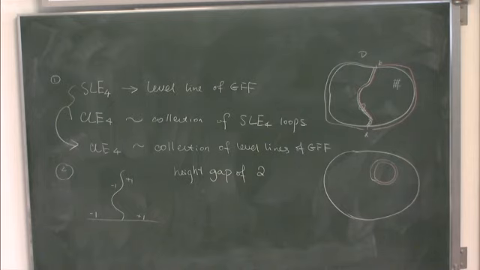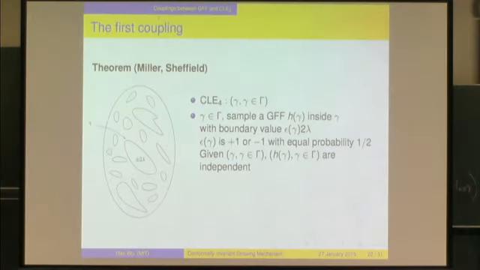And now we can state the first coupling between CLE4 and the Gaussian free field. In the first coupling, we first sample a CLE4 loop configuration in the disk. Then for each loop, we sample a Gaussian free field inside the loop. The mean height is +2 or -2 with equal probability 1/2. All these Gaussian free fields are sampled so that, given the loop configuration, they are conditionally independent.